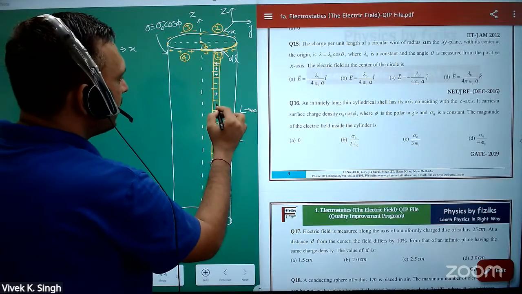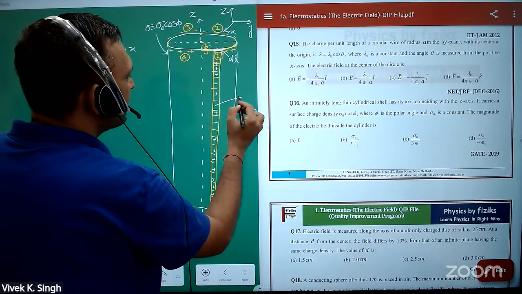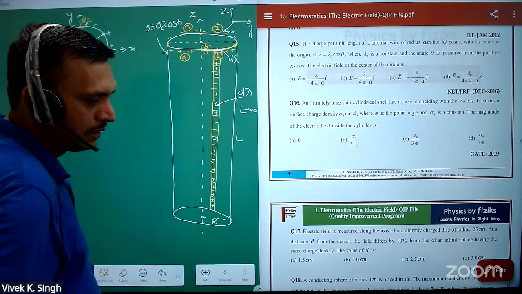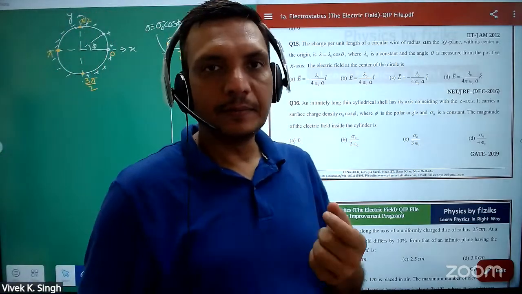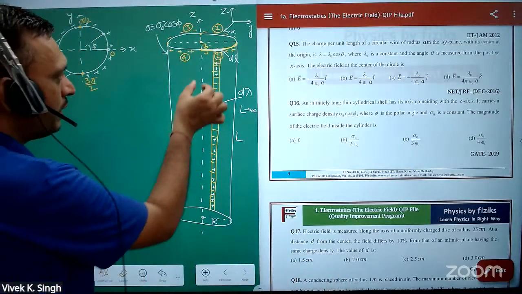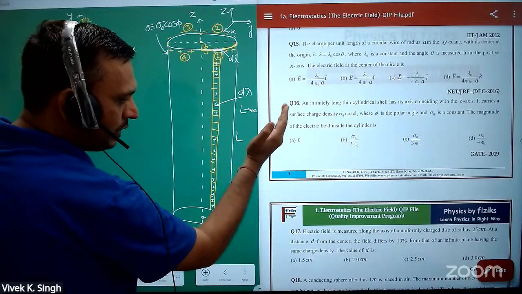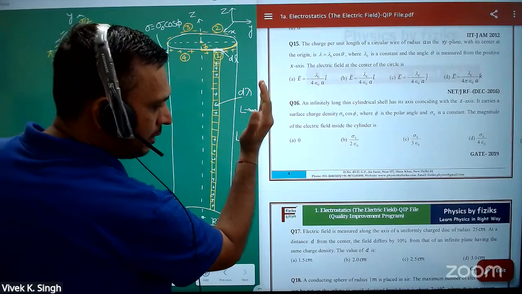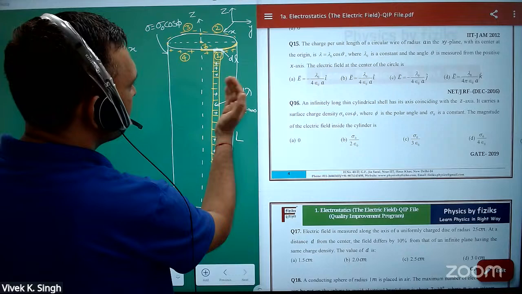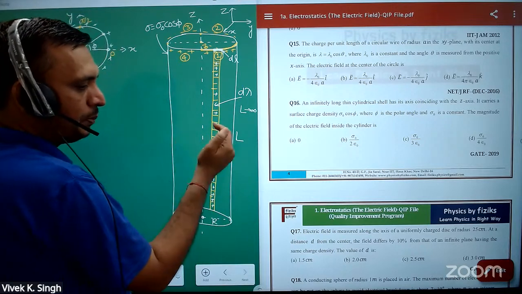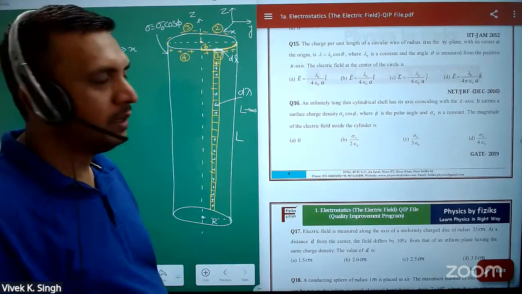Consider its charge per unit length to be d lambda. It's an elemental wire. So we will calculate the electric field due to this elemental wire, and then we will consider all the elemental wires on the surface of the cylinder. We will find the electric field due to each, and then you have to take the vector sum. Clear?